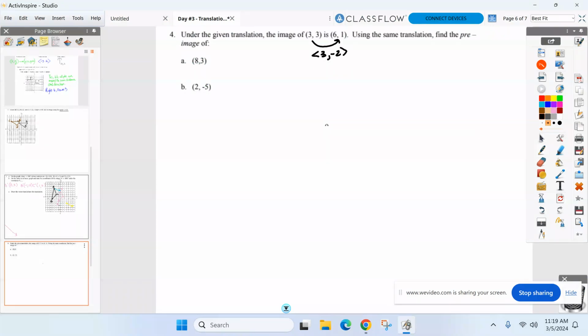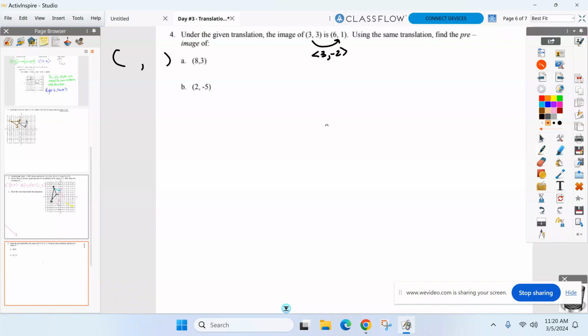Find the pre-image. Hey, I ended up at 8-3 by doing that translation. Where did I start? The pre-image. Everyone see the directions. That's what I'm looking for when I call on people here. What point did you start at? You went right 3, down 2, and you ended up at 8-3. All right, so I need the starting point for each of these right now.